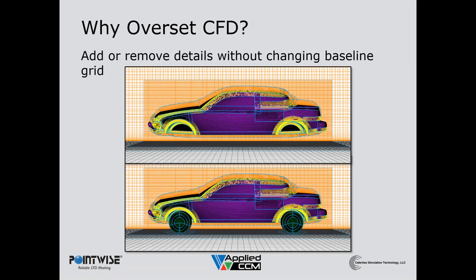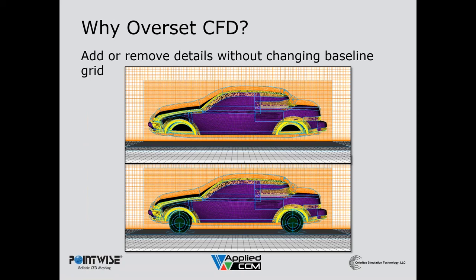Adding and removing details without changing the baseline grid is really important, particularly when you're looking at the influences of a particular piece of geometry. Was it because we introduced the geometry, or is it because the background mesh changed? Well, with Overset, the background mesh doesn't need to change, and so it's a much more precise way to be able to look at this kind of stuff.